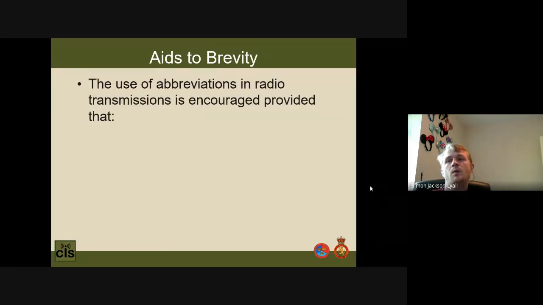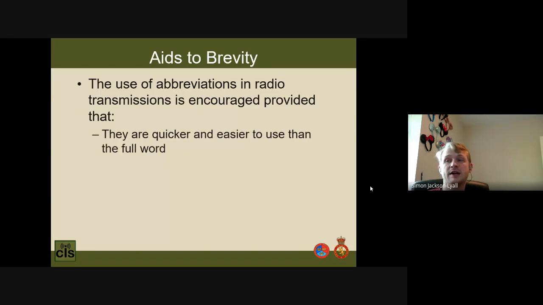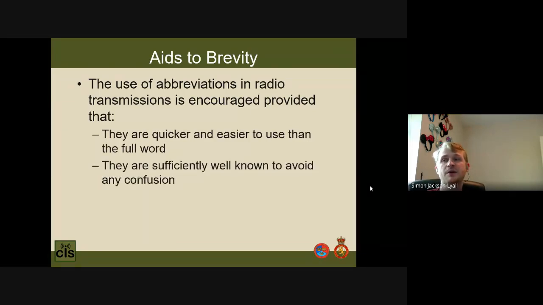So we can use radio abbreviations in radio transmissions, and it is encouraged, provided that they're quicker and easier to use than the full word, and they're sufficiently well known to avoid any confusion. So using APC in terms of cadets and saying about APC 3-star and all that kind of thing makes sense. But if we had people that were non-cadets on the net, that wouldn't make any sense necessarily.